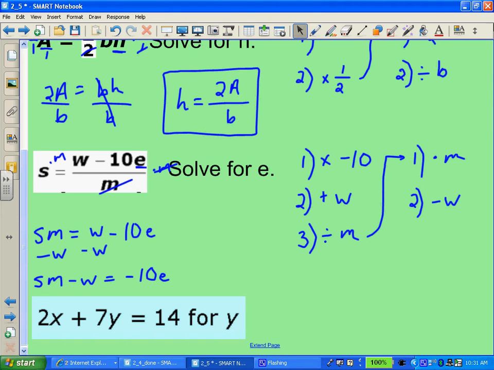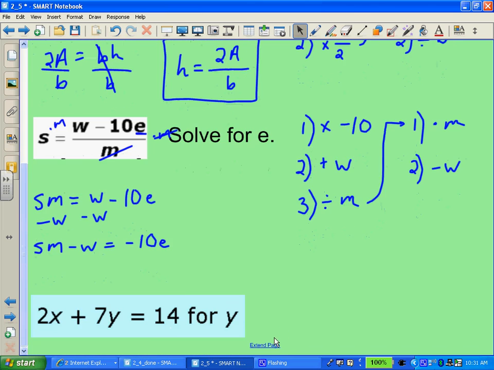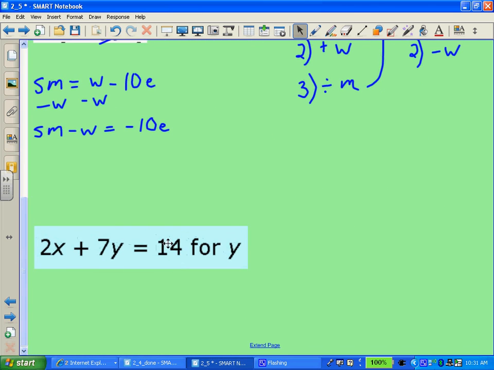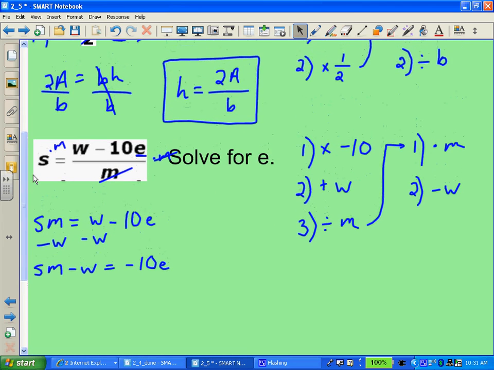Okay, I'm running out of room here. I'm going to move this last problem a little bit further down. Okay, and then the last thing I have is to undo times negative 10, so I'm going to divide by negative 10.